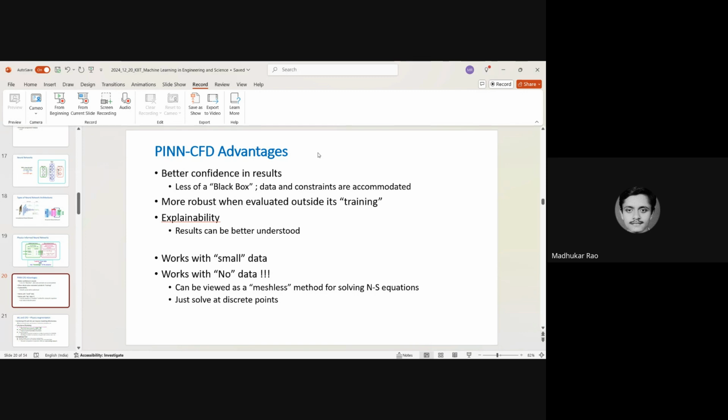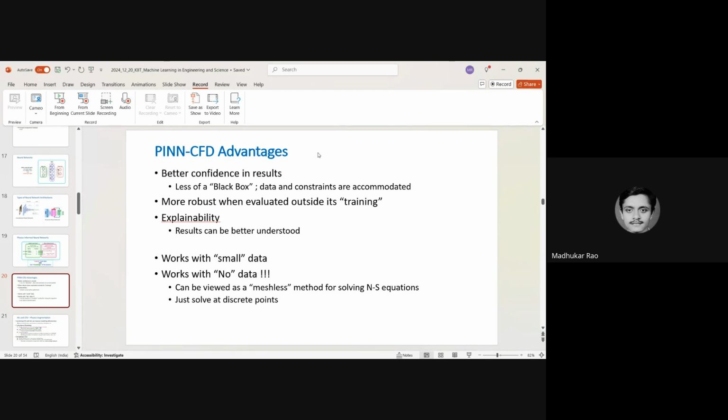You have much more confidence in your results because it's not only trained on data, but also the physical constraints are honored. It's also much more robust when evaluated outside of its training data, or rather you can reduce the level of overfitting. The results can be better understood because they satisfy the governing equations.